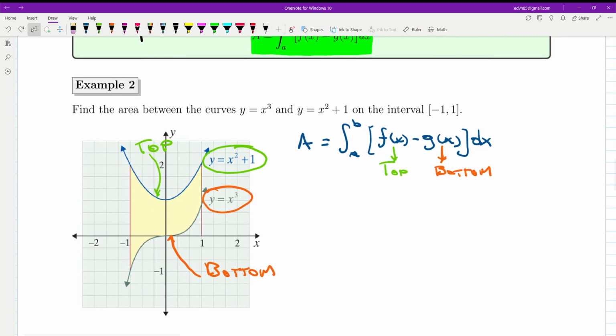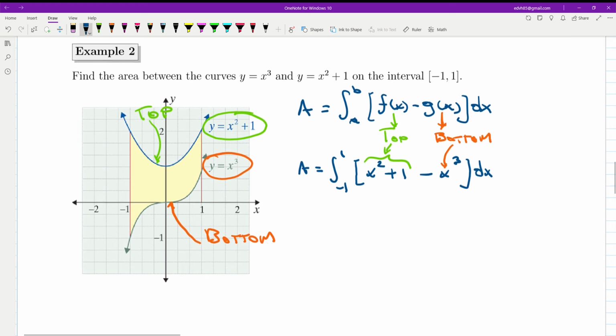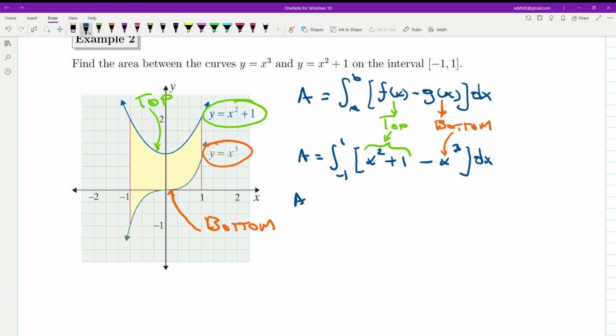So let's find the area under these curves. So the area between -1 and 1 for f of x, which is x squared plus 1, minus x cubed. In this case, that's the top one, and that's the bottom one, with respect to x. So my advice is to always write this in descending order of powers.